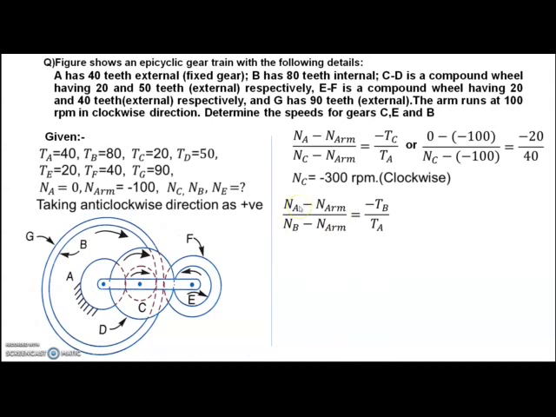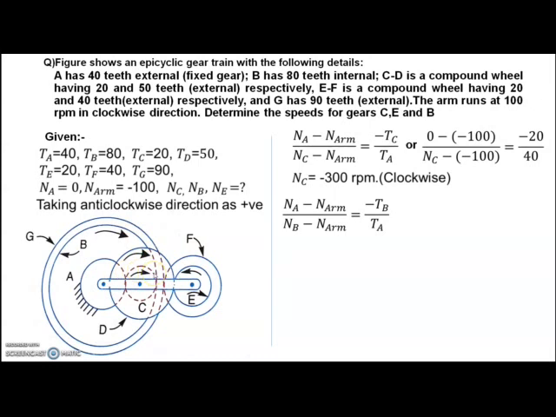Now we have to find the speed of B. So NA and NB, we will write equation because direct meshing, A is meshing with C, C is meshing with B, so we can write the equation.